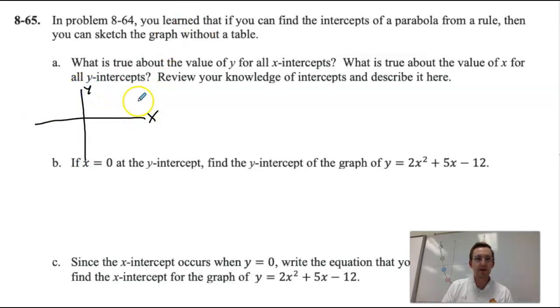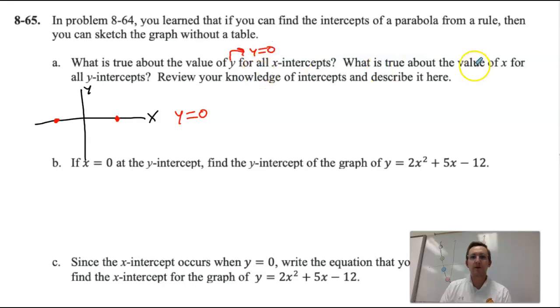Whenever we have a point on the x-axis, like our x-intercepts, y is always equal to 0. Y is always, always, always equal to 0 when we have a point on the x-axis. So for this first part, again, value of all our y for our x-intercepts, y is equal to 0.